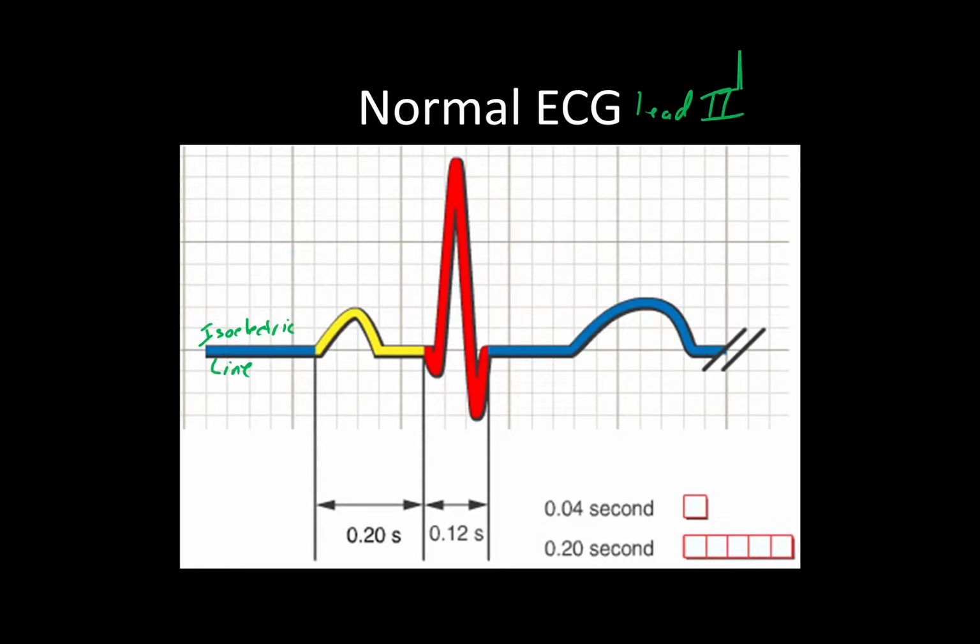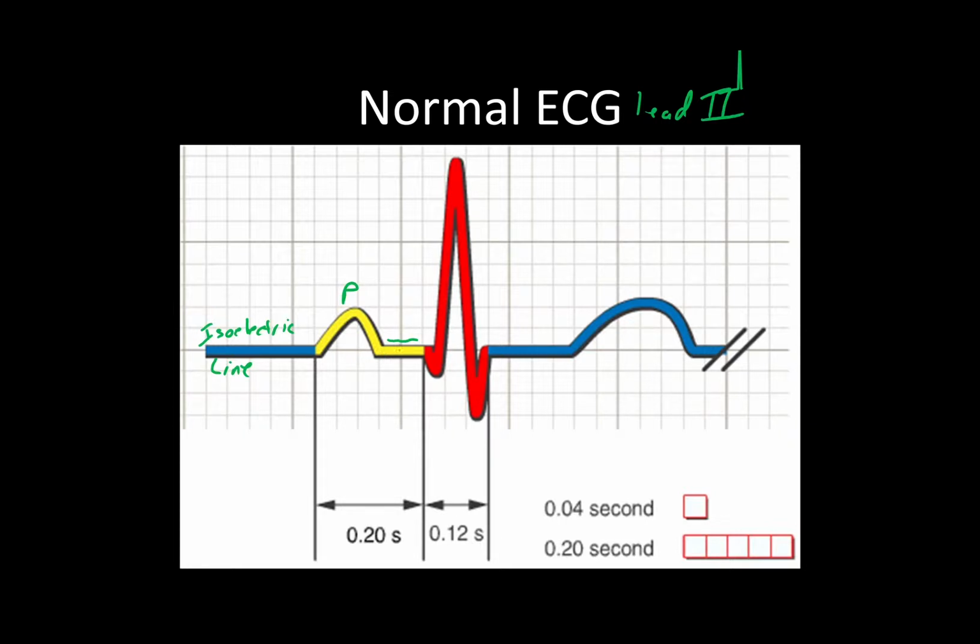And this serves as a baseline for everything, saying that no electricity is flowing one direction or the other. The first thing that you should encounter from the isoelectric line is going to be your P wave, and that's going to be upright. After your P wave, you're actually going to have this little segment here along the isoelectric line that is nice and flat.